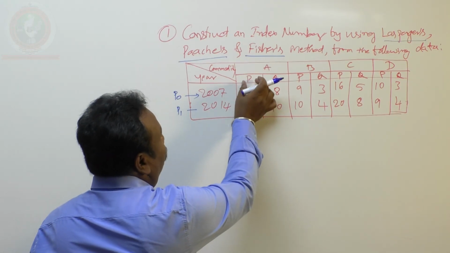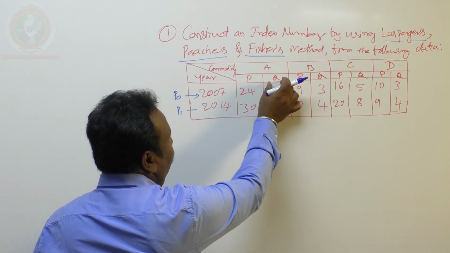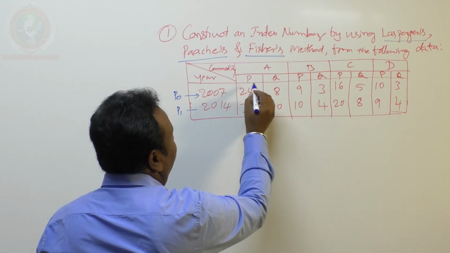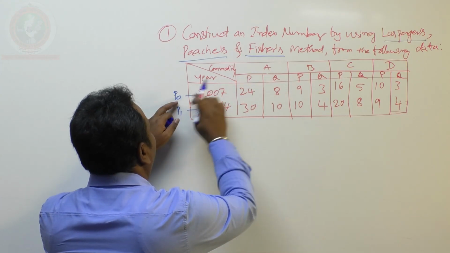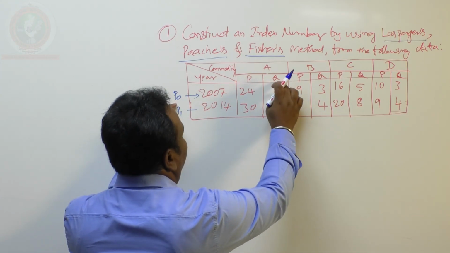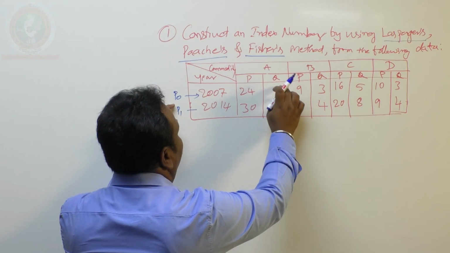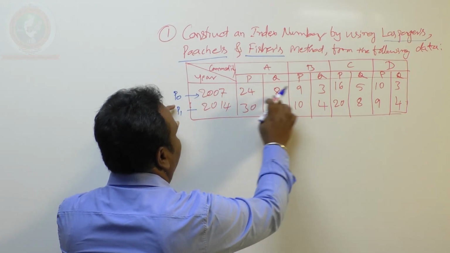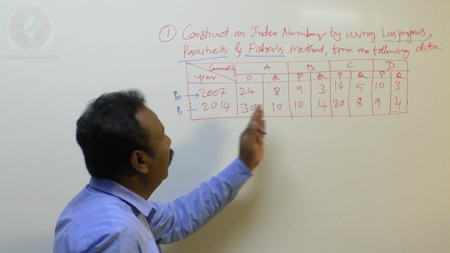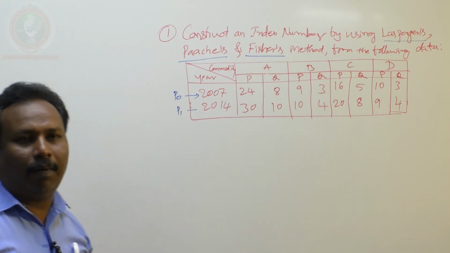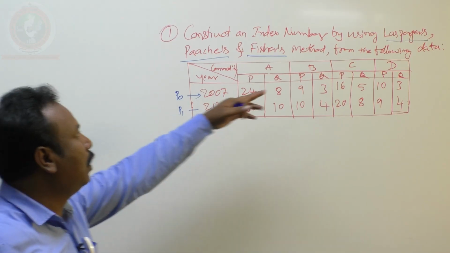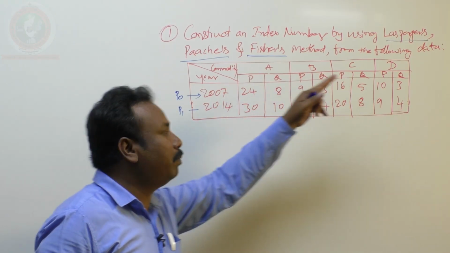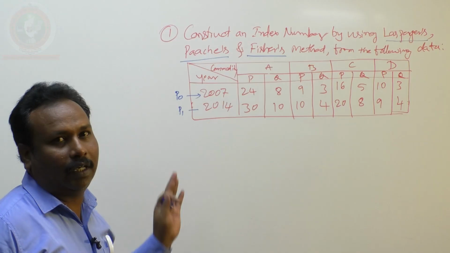Under that, price and quantity are given for the base year and the current year. Based on this data, we have to construct an index number using Laspeyres' method, Paasche's method and Fisher's index method.